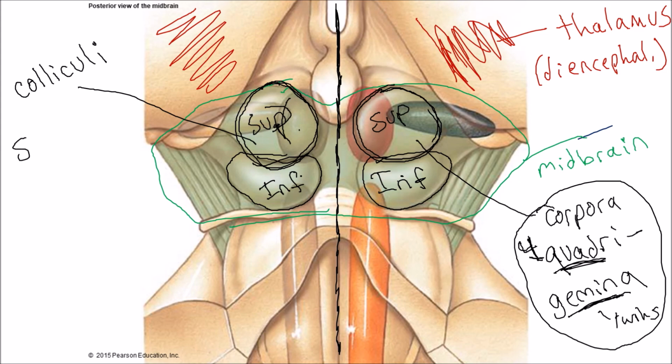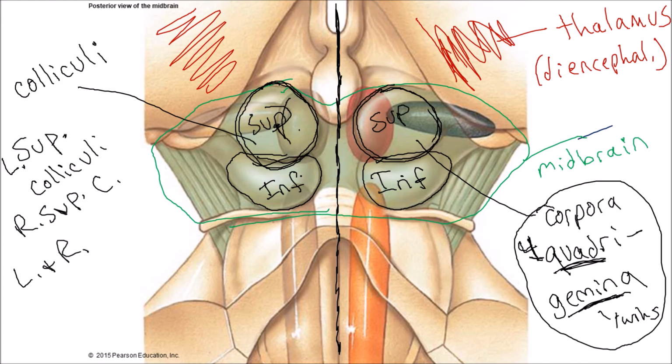So there is a left superior colliculus and a right superior colliculus, and then there is a left and a right inferior colliculus.